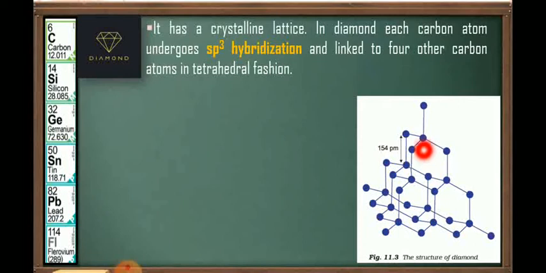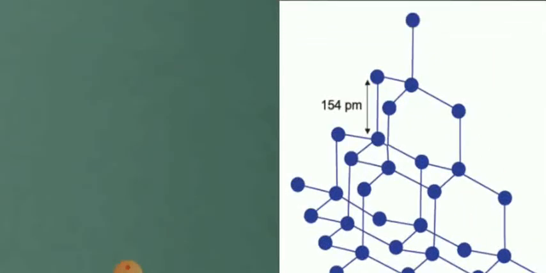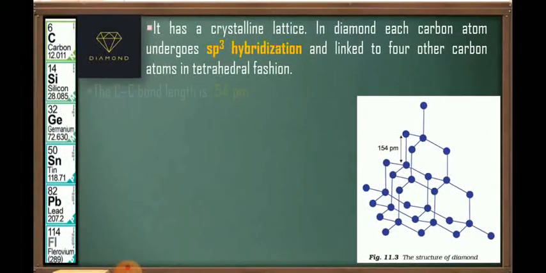You can see here, if you consider this blue dot as a carbon, this carbon in diamond undergoes sp3 hybridization, and each carbon is bonded to how many other carbon atoms? 4 other carbon atoms, in what kind of fashion? In a tetrahedral fashion, in a tetrahedral manner.